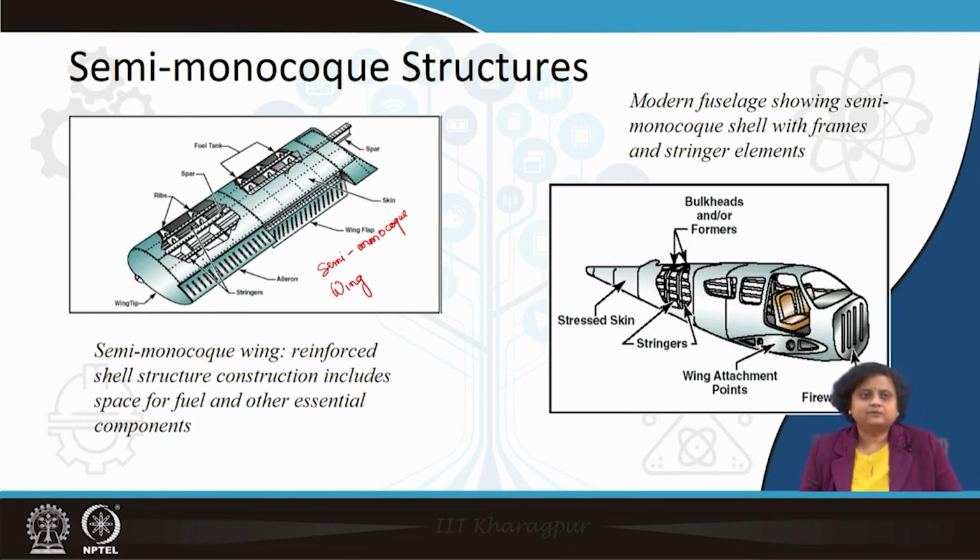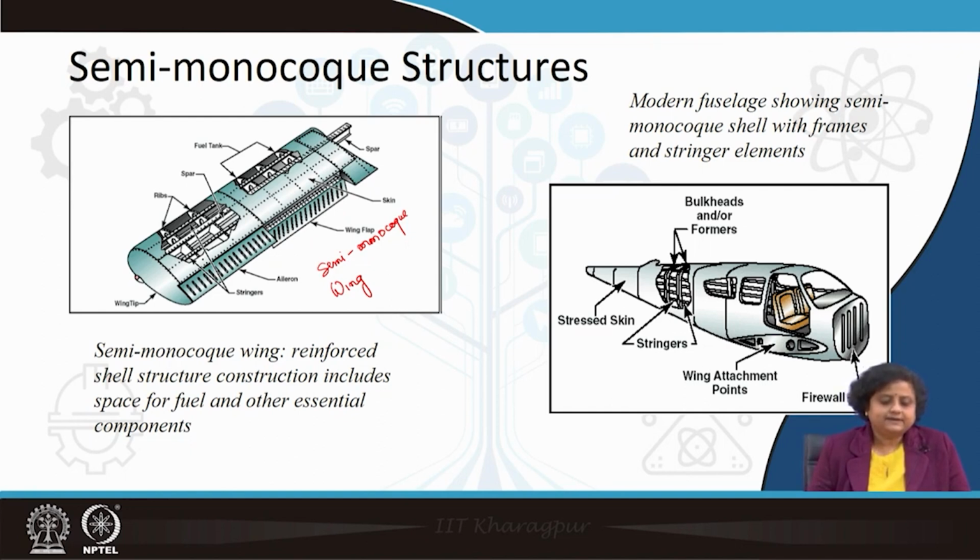The fabric that we have seen for Cayley and the Wright brothers was later replaced by metallic sheet, and this metallic sheet is what we call the skin.